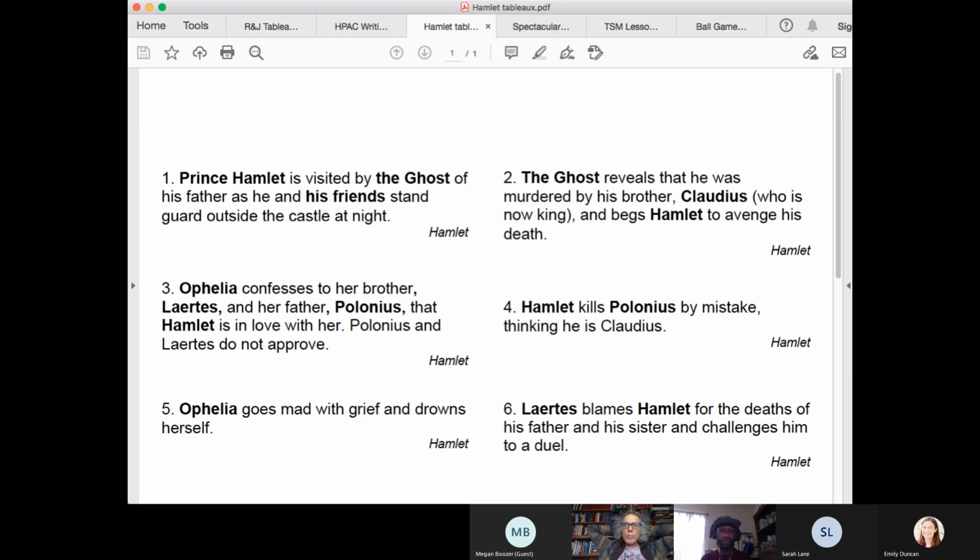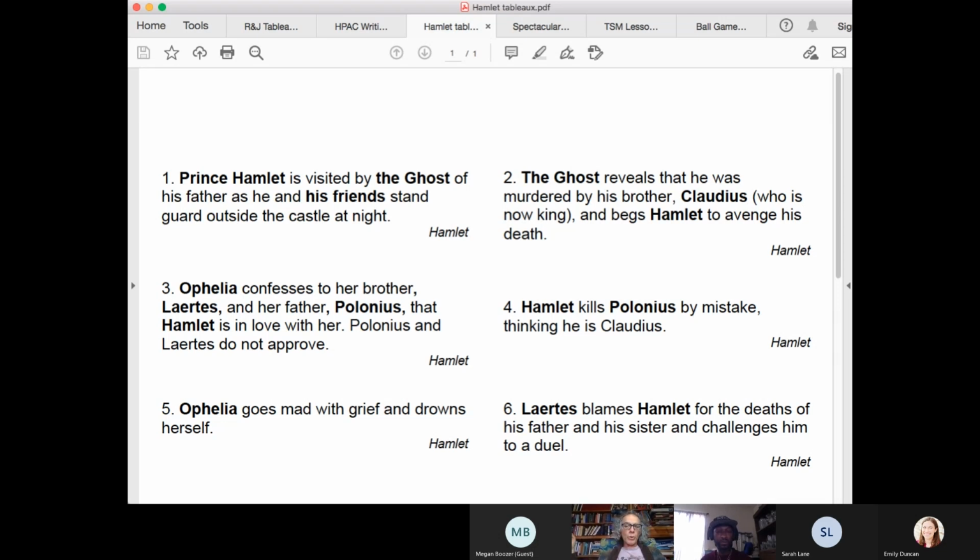Paraphrasing Shakespeare is not just a student activity. It's something that one can do really seriously. It has a long history.